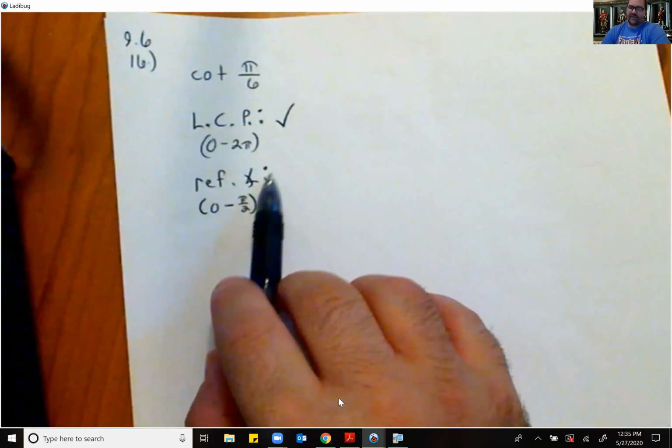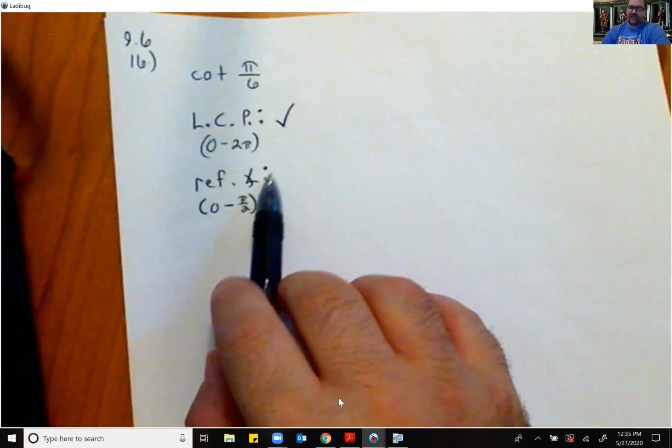So if you're in quadrant 1, you already are the reference angle. If this angle was in quadrant 2, you would take 180 degrees minus that angle, or in other words, pi, if you're in radians. If you were in quadrant 3, you would take your angle minus 180 degrees.